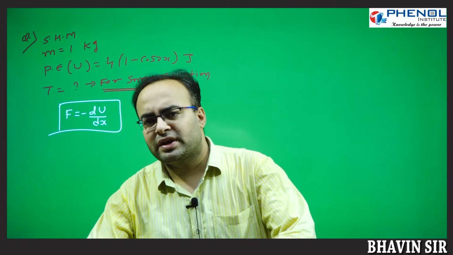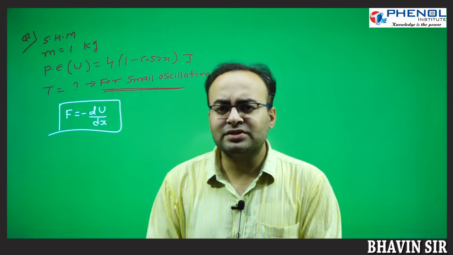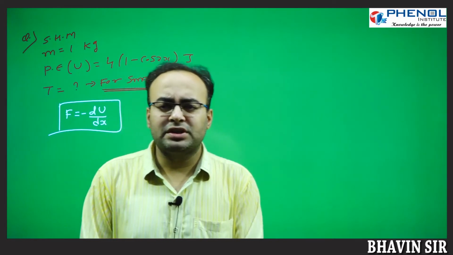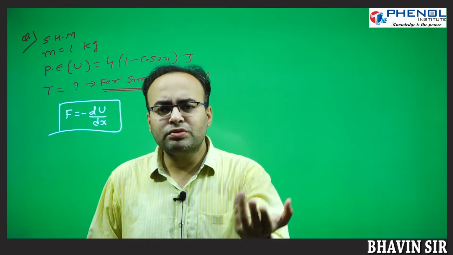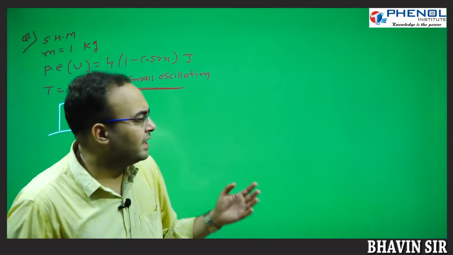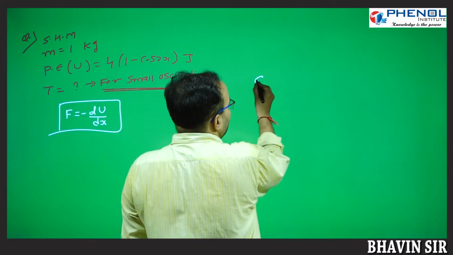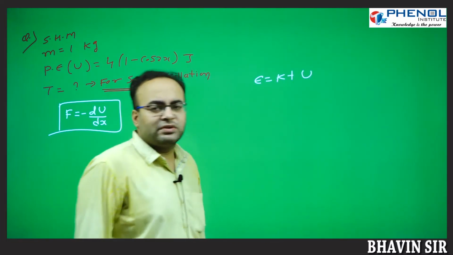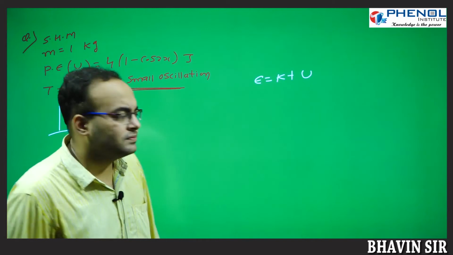Okay, it is known as potential energy gradient, students, because we divide by distance. How to prove this, students? See, if you want to prove it, as we know, total energy is equal to kinetic plus potential.